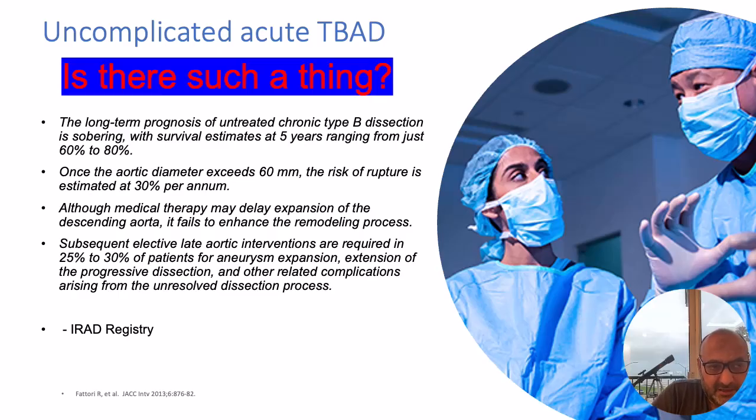Again, I want to highlight what I said before: there's a small group that would benefit from medical therapy without stents, but that's a very small group. Once the aortic diameter exceeds 6 millimeters, the rupture rate is approximately 30%.